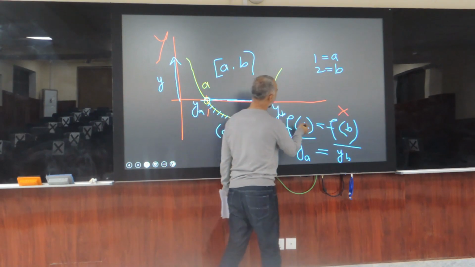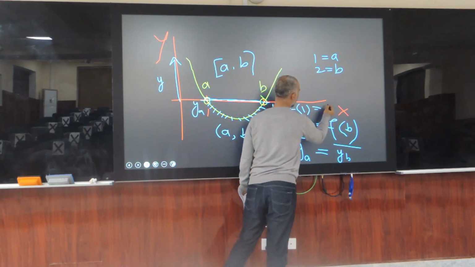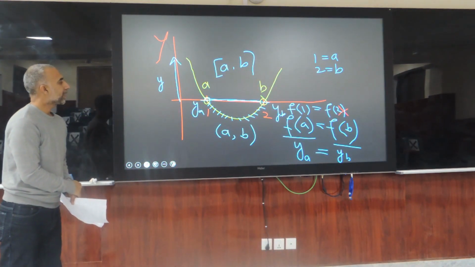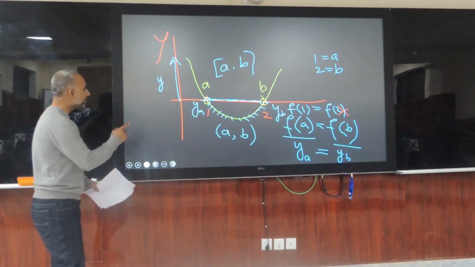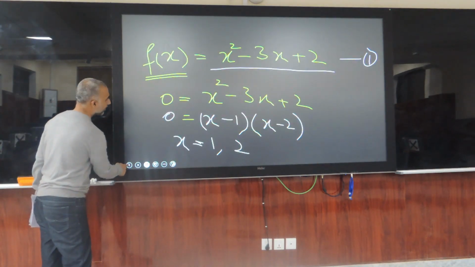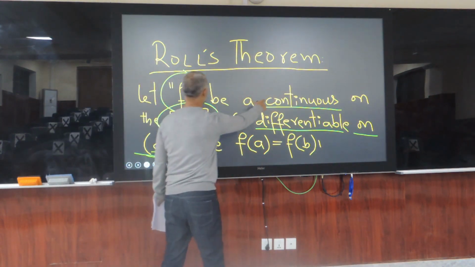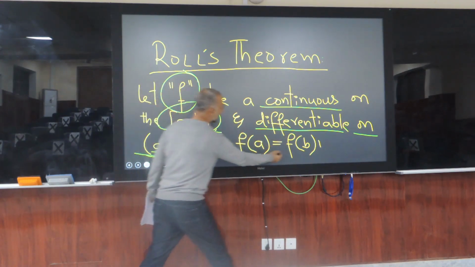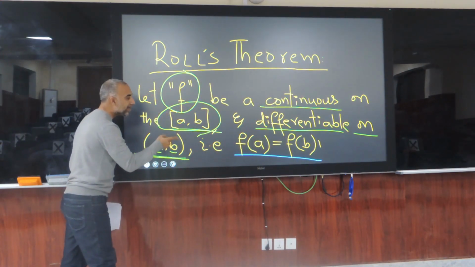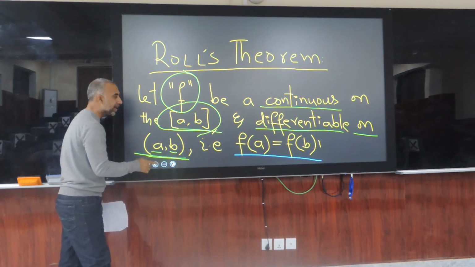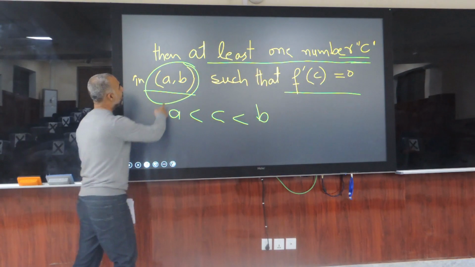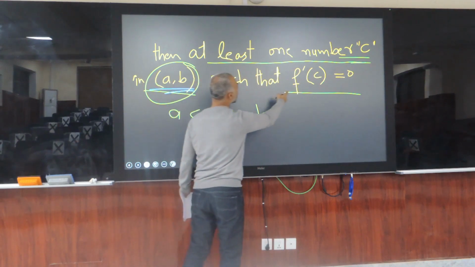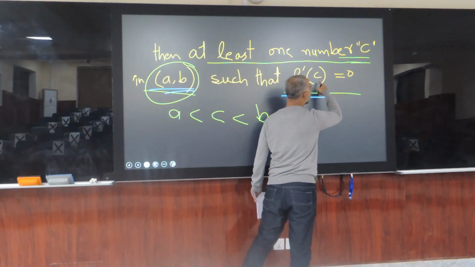So you can say another thing is 1, 2. Both are the same. So the situation is this. According to the definition, if a function is continuous on the closed interval and differentiable on the open interval, in this formation f of A equals f of B, y sub A equals y sub B, then there is at least one number C in the open interval A, B such that the derivative at C is zero.